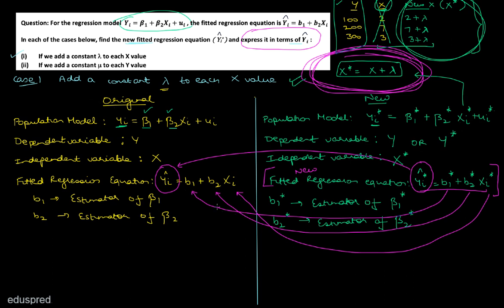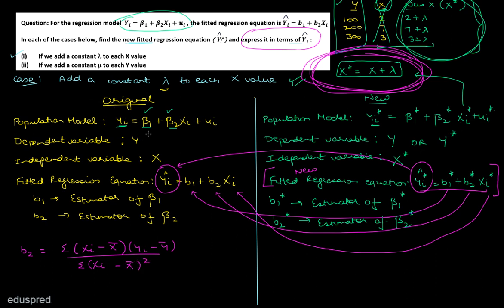For that I'm going to write some formulas over here. First let's try to find the relationship between b2 star and b2. Now over here b2 is equal to summation of xi minus x bar, yi minus y bar, divided by summation of xi minus x bar whole square.